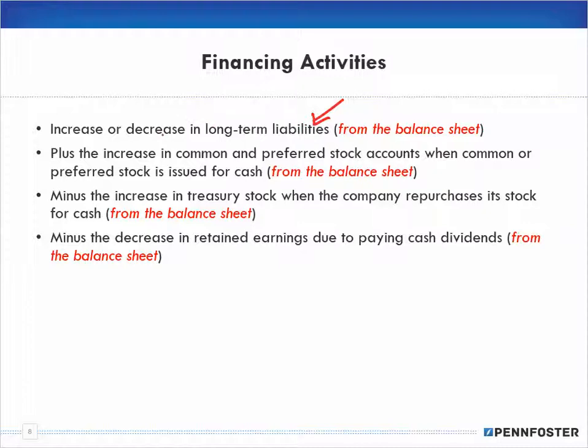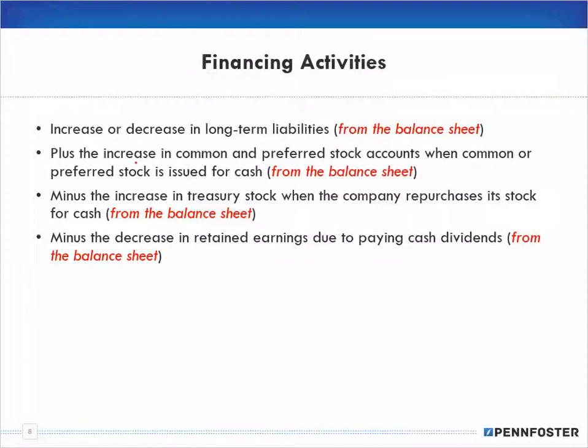So we have to look at the increase or decrease in the long term of what we owe as a financing activity. That's the first one. We look at our long-term liabilities and say, have they increased or decreased? And that's from our balance sheet.